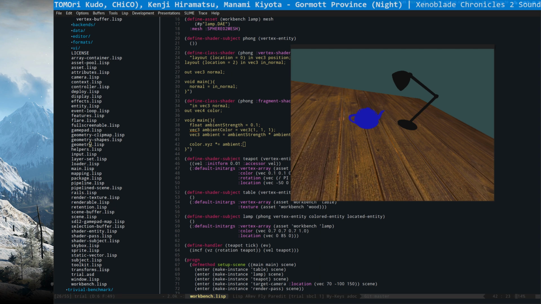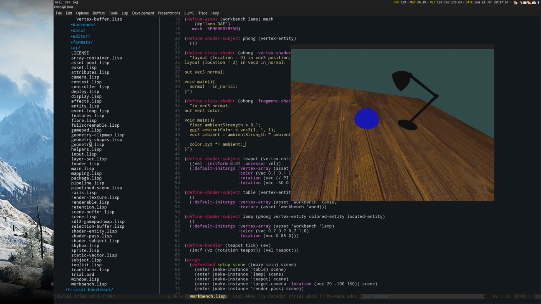Let me see. Right, so the angle between the light vector and the normal vector gives you the strength. If it's directly hitting it, then it's maximum strength. Otherwise, less and less.